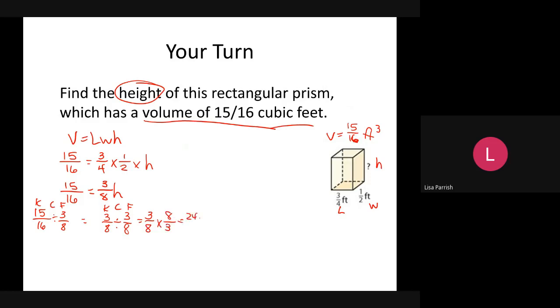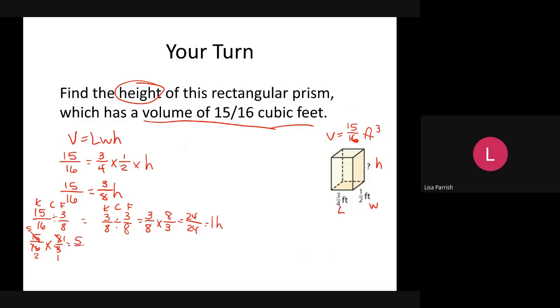That gives me 24/24, which is actually 1. This one becomes, I will have to go underneath, 15/16 times 8/3. If you cross reduce, 3 goes into itself 1 time, 3 goes into 15 5 times, 8 goes into itself 1 time, 8 goes into 16 2 times.